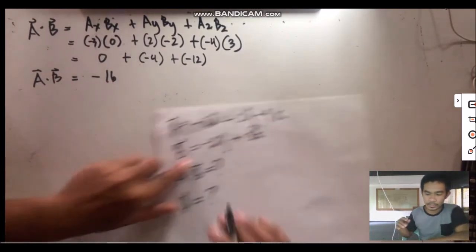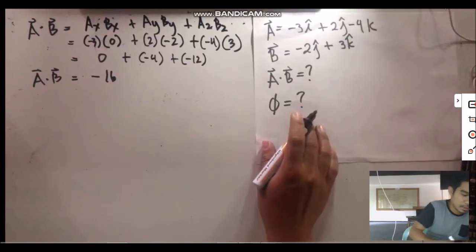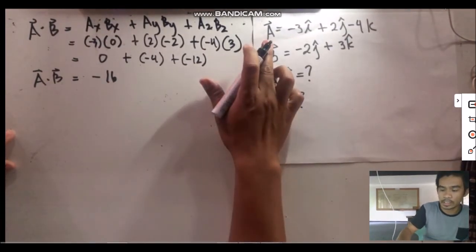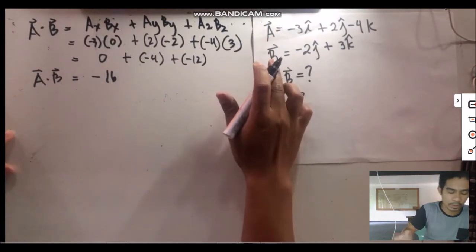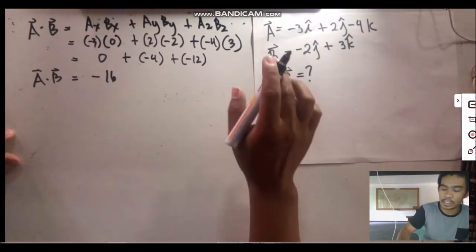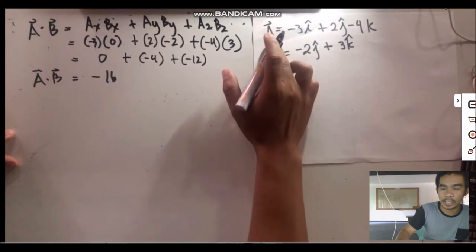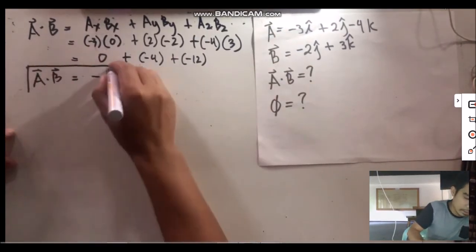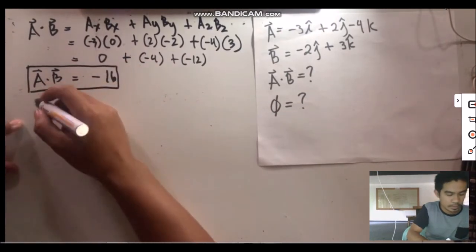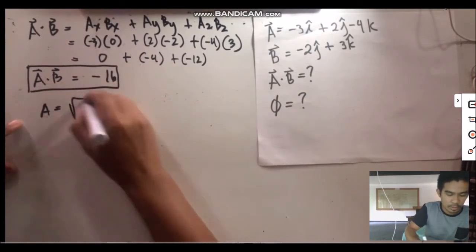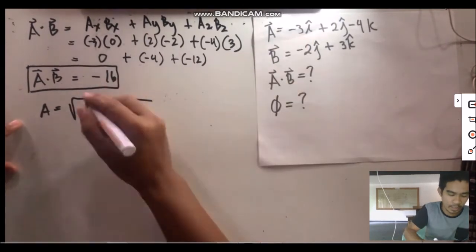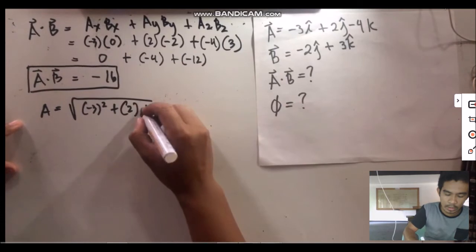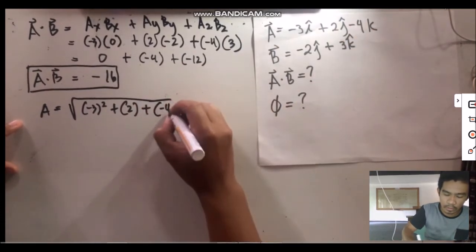But how? We don't know the magnitude of vector A and we don't know the magnitude of vector B. So we need to look first for the magnitude of vector A and the magnitude of vector B. So A is the square root of negative 3 squared plus 2 squared plus negative 4 squared.